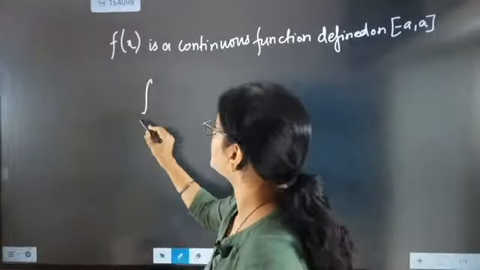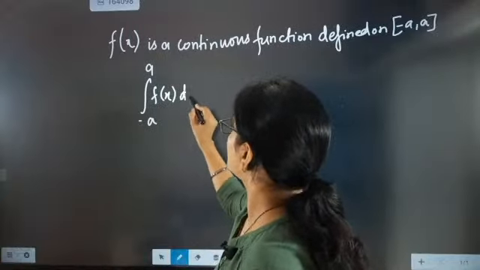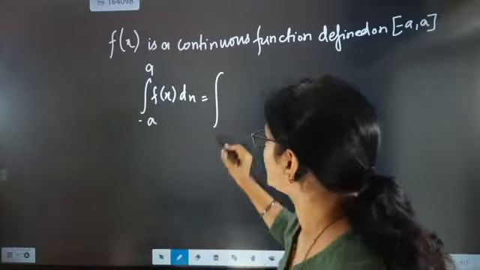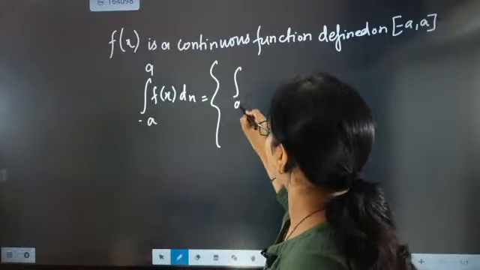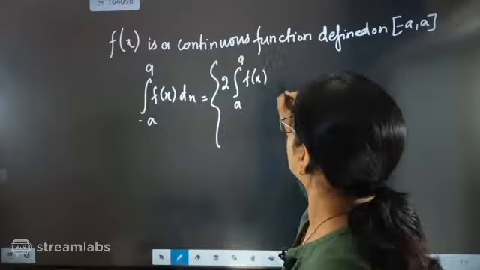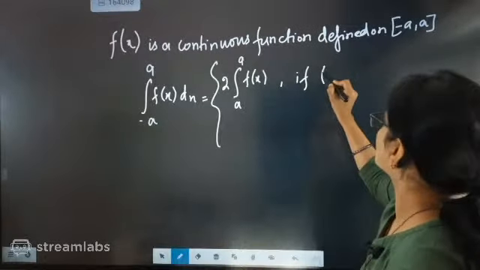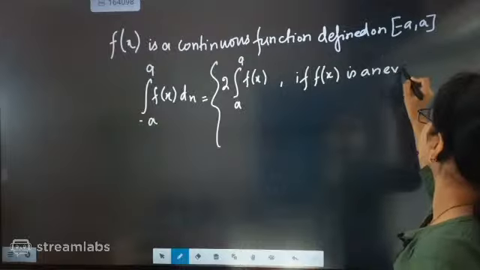So then how we are going to write this? Minus a to a f of x dx. Now this will have two values. One will be exactly twice of 0 to a f of x dx, when f of x is an even function.